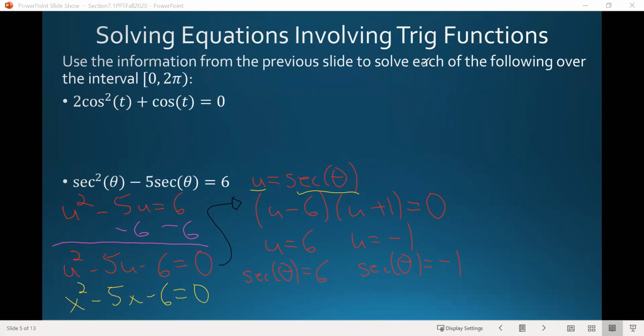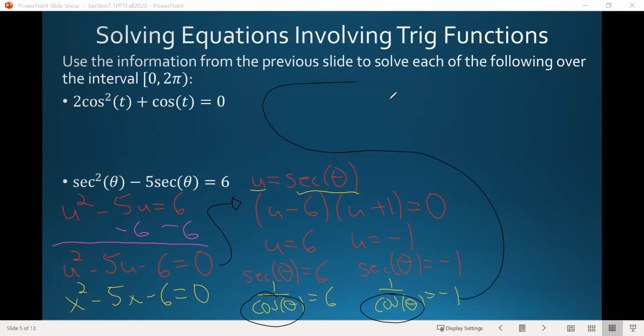So this first one, secant of theta equals 6, we can rewrite as 1 over cosine of theta equals 6. The second one here as 1 over cosine of theta equals negative 1. But we can't really solve these again because the cosines now are in the denominator. But we've seen a problem like this before.